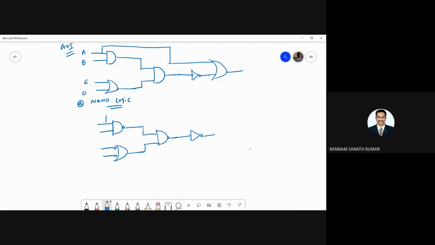Next, this is an OR gate, so you need to add the bubble at the input side.